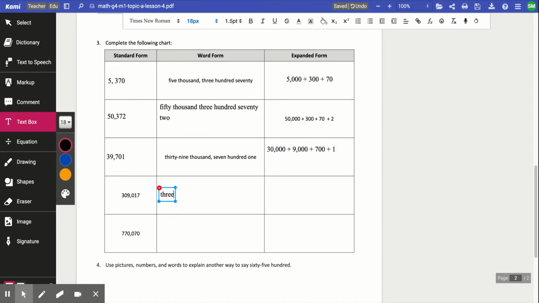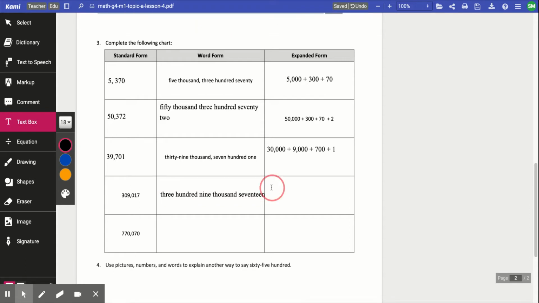It's 309,017. See that? 309,017. No ands. Then we write it in expanded form, showing the value of the digits.